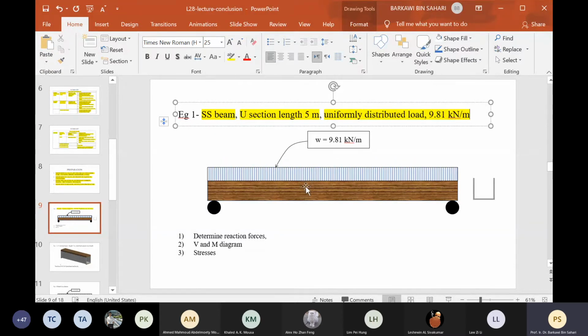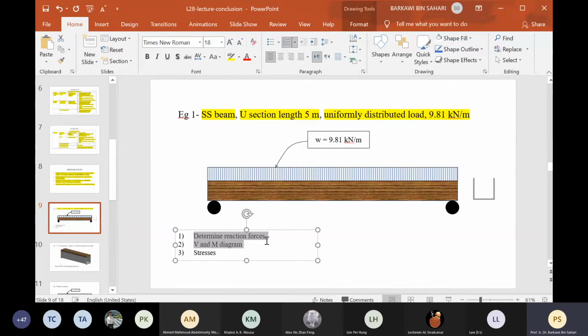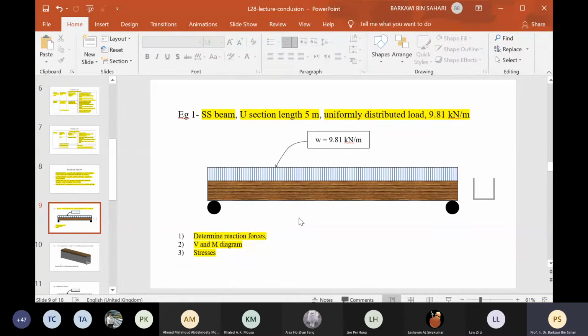So we give you this diagram in your exercise, and we indicate where it is supported at A and B, simply supported, and the load all along. Your exercise will ask you to determine the reaction forces, the V and M diagrams, shear force and bending moment diagrams, and calculate the stresses. These are the standard questions there.